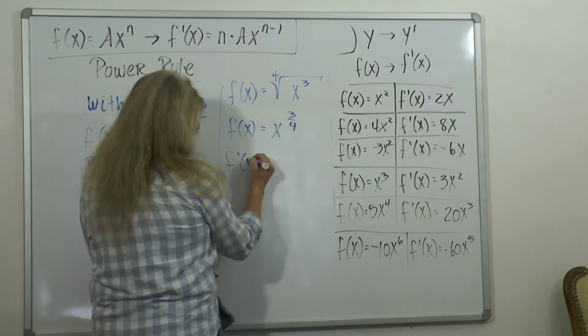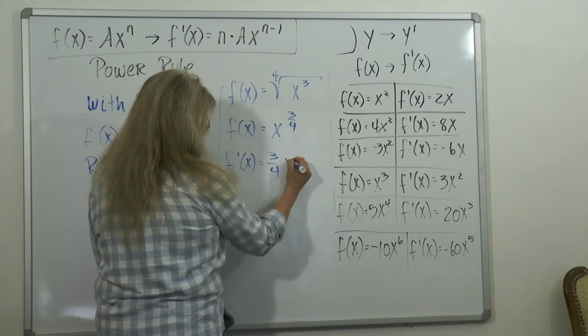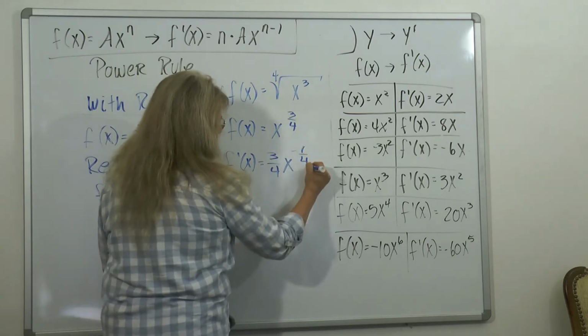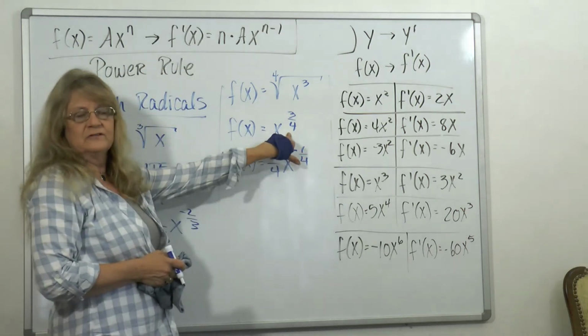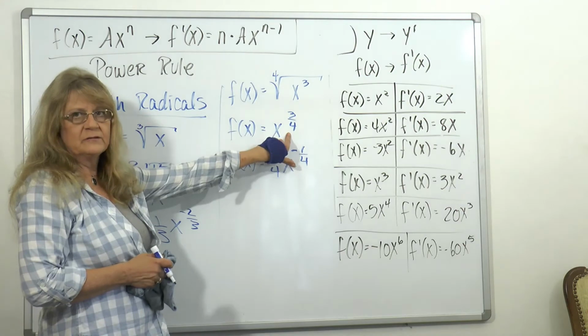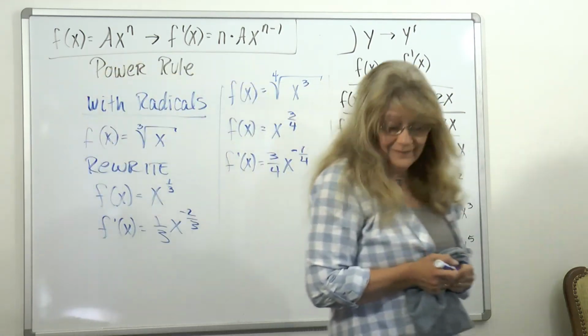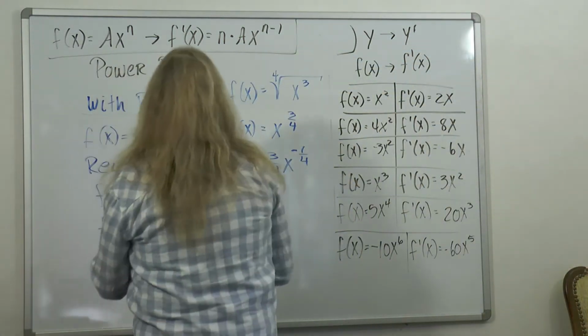Okay, then the derivative part's the easy part. So 3/4 times 1 is 3/4. Subtract these two. 3 minus 4 is negative 1, so it's going to be negative 1/4. But you can tell, okay, if you have 75 cents and you subtract $1, you're down 25 cents. I don't know, money's always easier to understand. So that is not so bad, right?